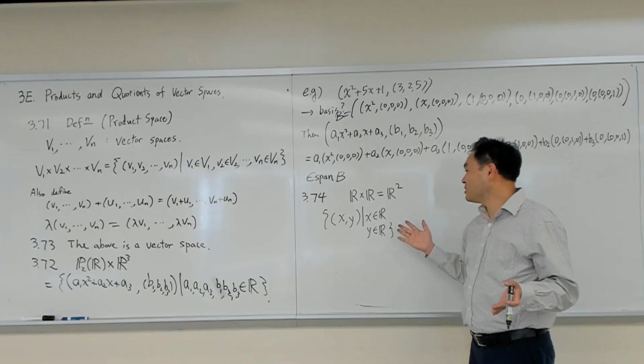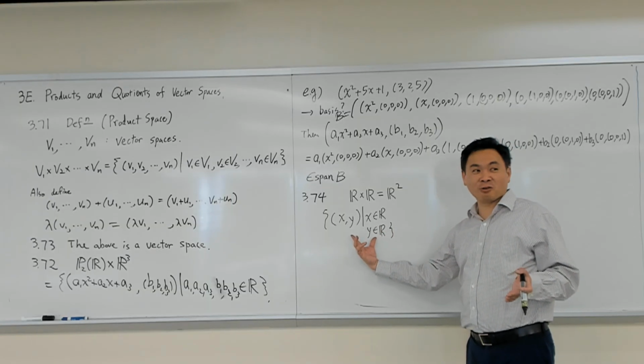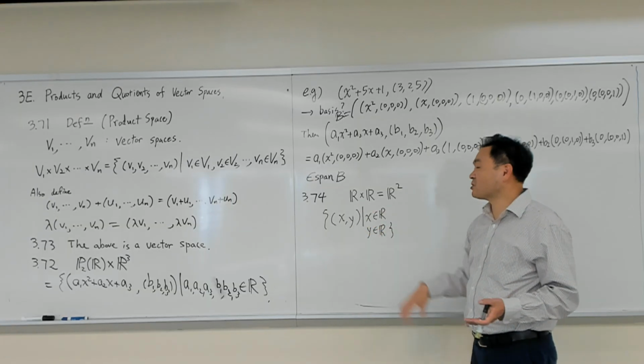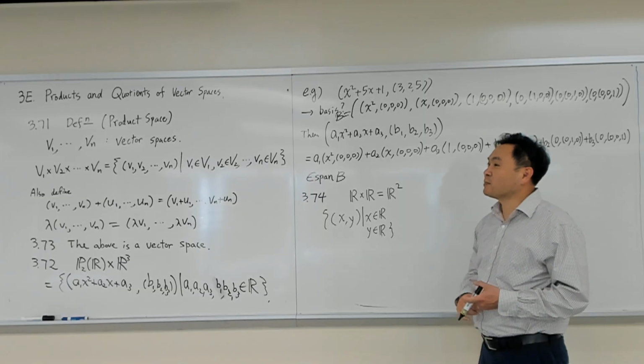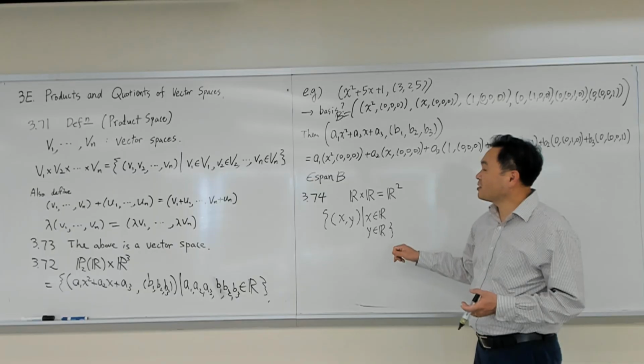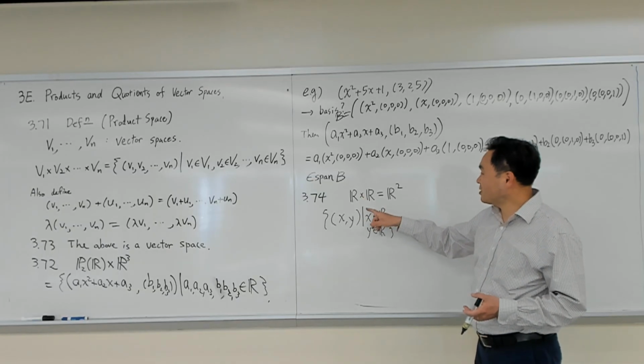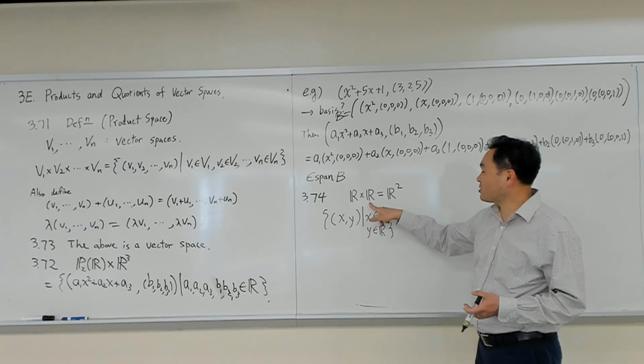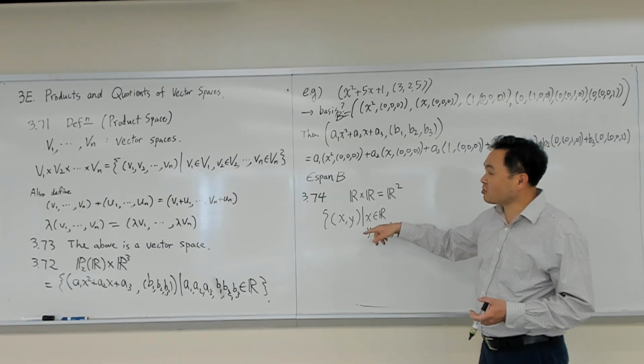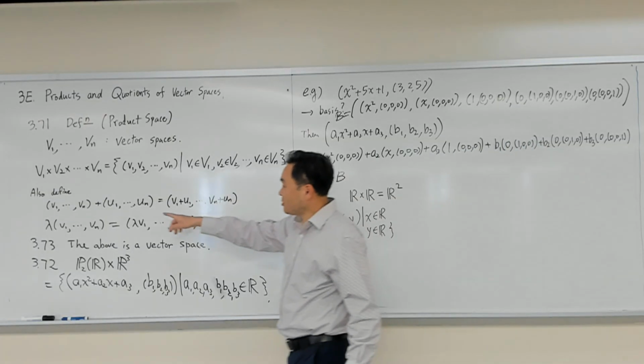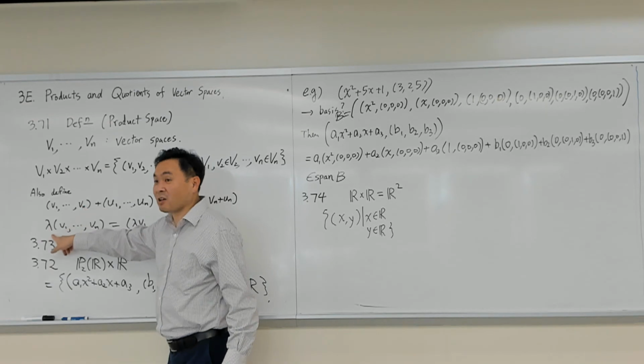Now, if you write them in set theory notation, they're actually exactly the same thing, except that if you think of these as vector spaces, then this one has additional vector addition and scalar multiplication.